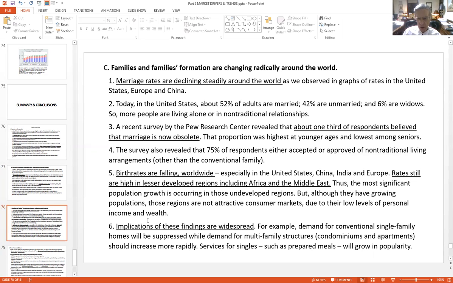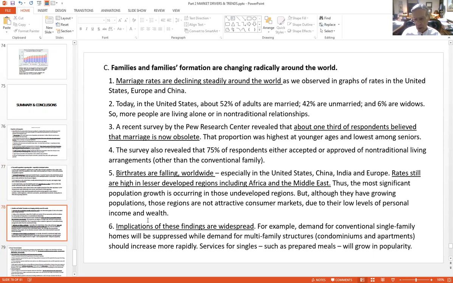But clearly, we're more interested today in producing products for unmarried people, singles, or people who live in alternative arrangements. In fact, 75% of respondents didn't care what kind of living arrangement their peers lived in, whether it was a conventional family or some other arrangement.